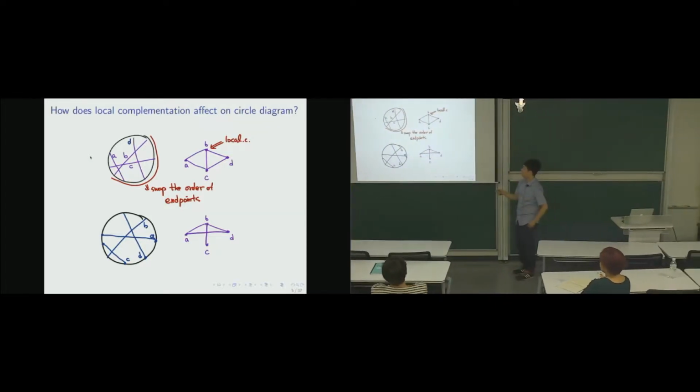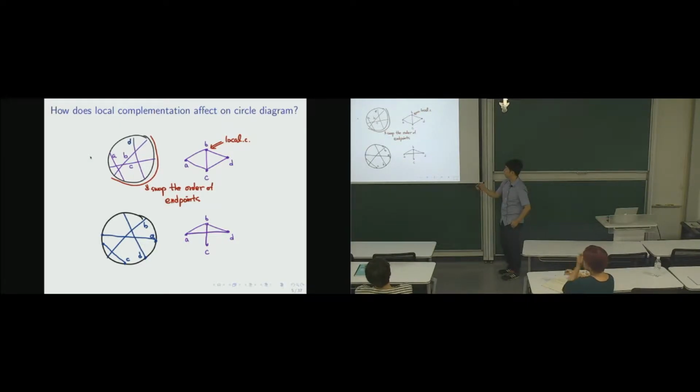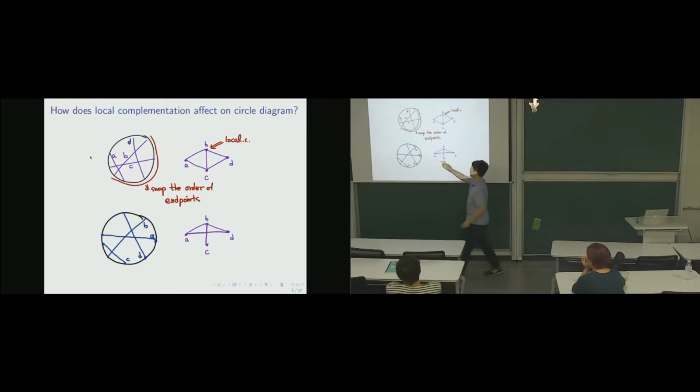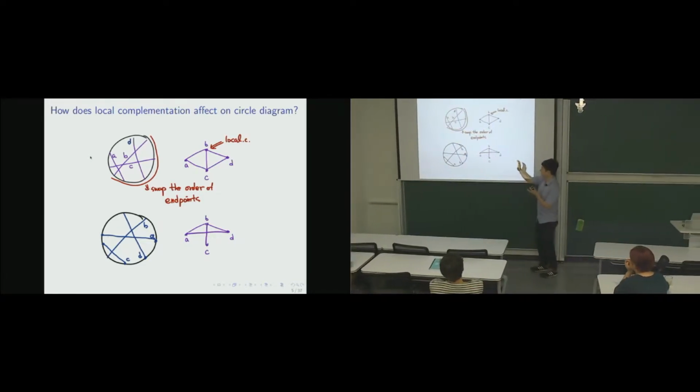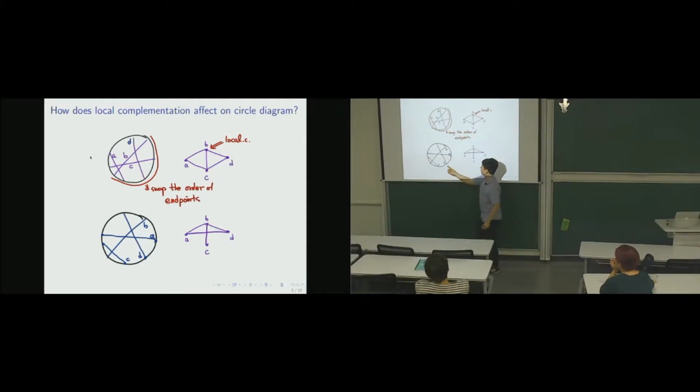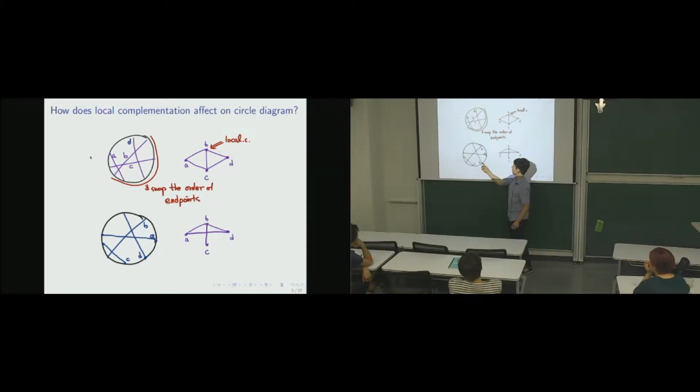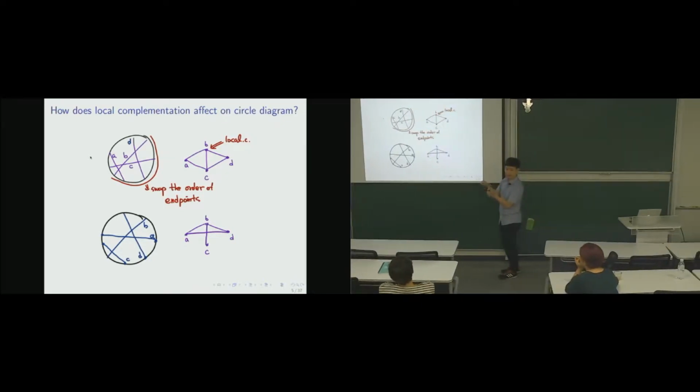What you do is look at the chord B and take one part of the arc divided by the endpoints of B. Then you read the order of the endpoints and swap the order of the endpoints up there. Here, A, D and C appear in the order, right? And then you swap this order. So you put C below, and then D and A. And then the rest you keep the same as before, and you link the chords again.